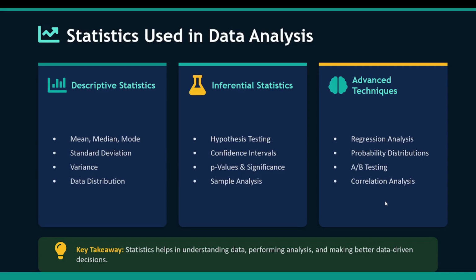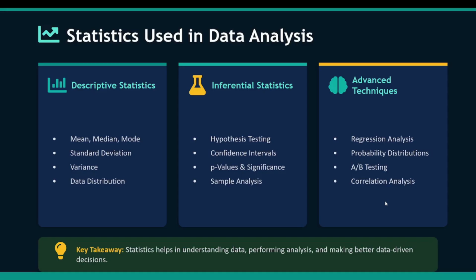The p-value is a key output of hypothesis testing. If the p-value is below a significance threshold, typically 0.05, you reject the null hypothesis and conclude that your result is statistically significant. Sample analysis involves working with a representative subset of your data and drawing meaningful conclusions that apply to the whole population.